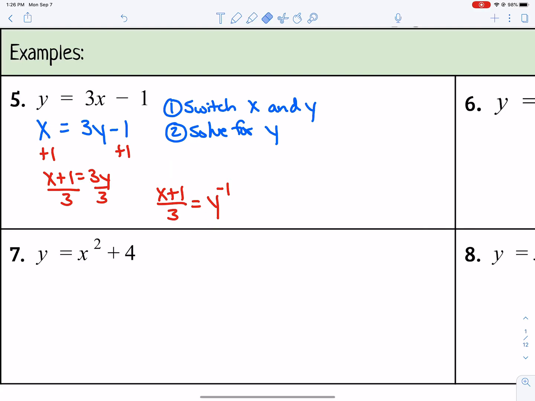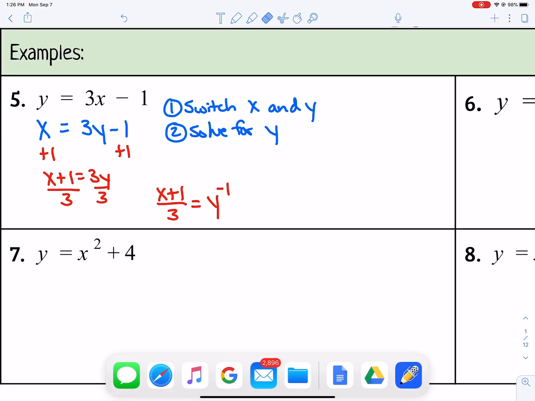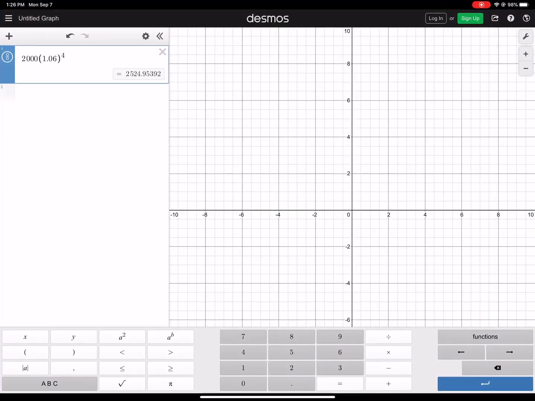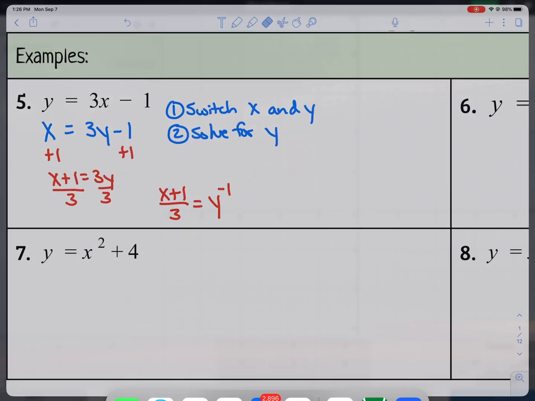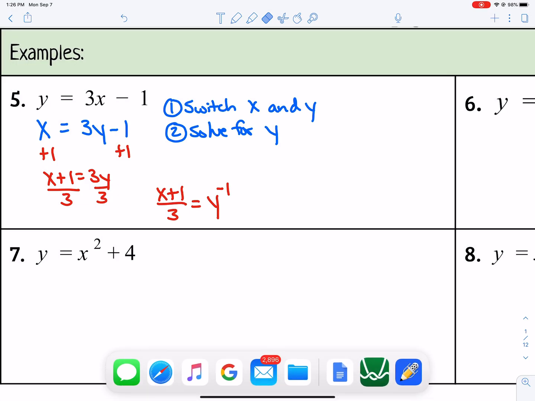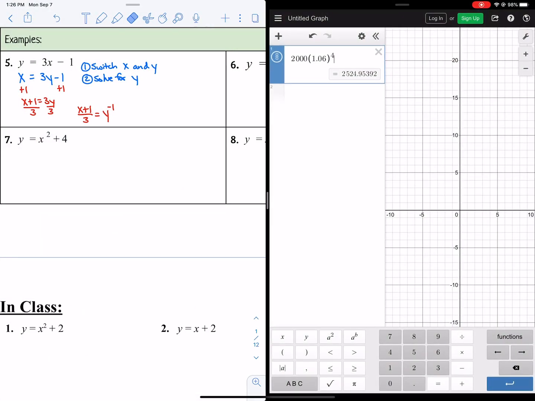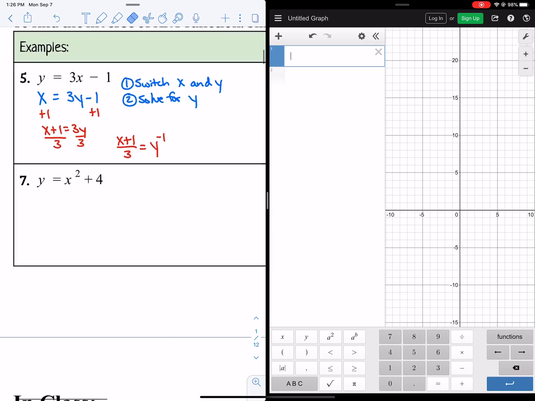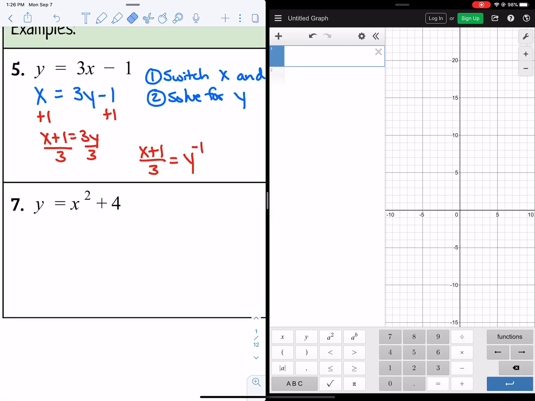And sometimes they ask, is this a function? So let's grab Desmos and let's check and see if it is a function. So all we need to do is check the vertical line test. That's what it says at the top of your notes. Let's look at that. So let's type in x plus 1 all together in parentheses divided by 3.